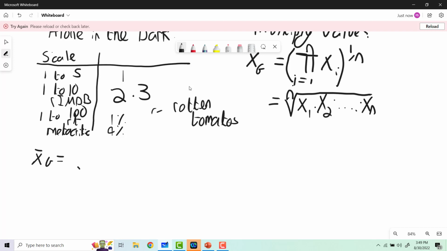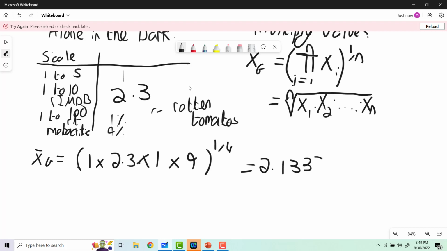It's going to be 1 times 2.3 times 1 times 9, to the power of 1 over 4, equals 2.1333. Multiplying depends a little on the variation, but it doesn't account for scale quite as much as the arithmetic mean. Here, Metacritic and Rotten Tomatoes won't completely overload, for example, IMDb on a scale of 1 to 5.